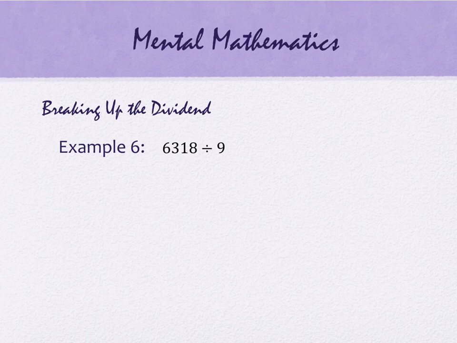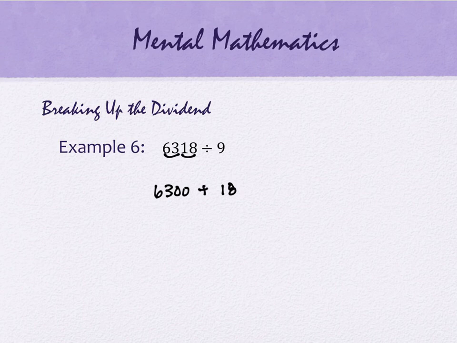So this one is called breaking up the dividend, and it works really nicely when we have pieces of what I'm dividing that are already divisible by my divisor. So in other words, the 63 and the 18 are actually multiples of 9, right? They're individually divisible by 9. So when I break this apart, I break it apart very much as 6,318 is what I'm thinking of it as.